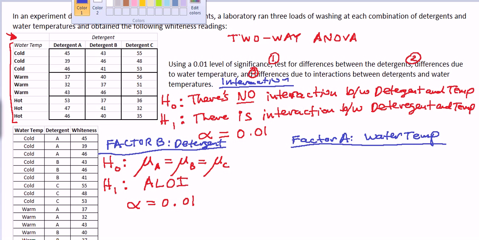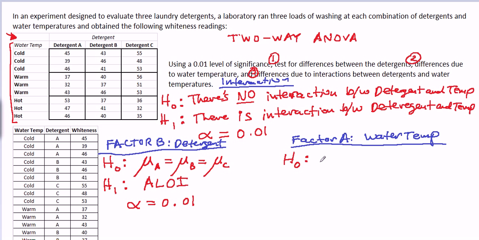Okay, now this is another one-way ANOVA test rolled up inside the two-way ANOVA. This one pertains to water temperature, and we're asking the question, are there differences due to water temperature? Differences in what? In whiteness reading. So the null hypothesis, just like in a one-way ANOVA, and just like the previous one we just did, is that no, there's no differences.